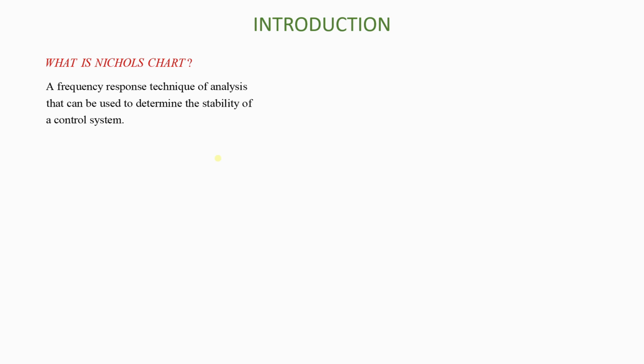Okay, and so it's really important for you to understand that, because if you look at the definition that is provided for Bode diagrams, you will see that it is very similar to the definition that I give you for Nichols charts. The reason for that is because both are used to answer the same question.